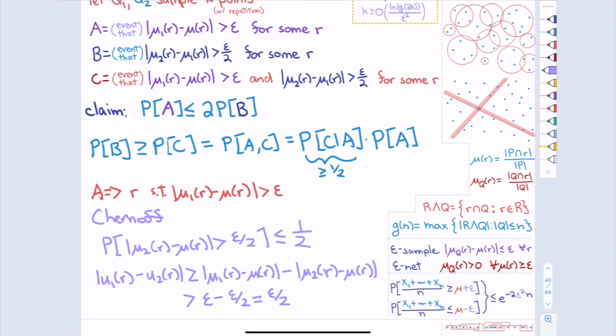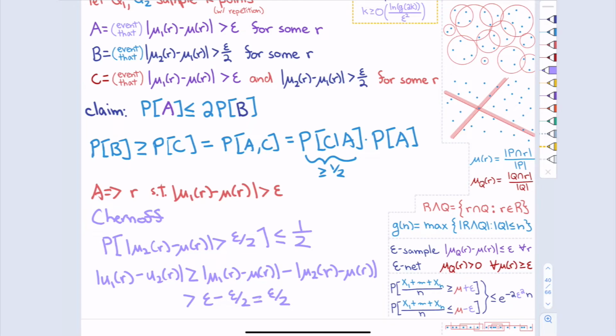So you get your epsilon over 2. But the logic, I think, is clear. If you screwed up on one range, the odds of screwing up again are pretty low. So you'll get some disagreement for that range as well.